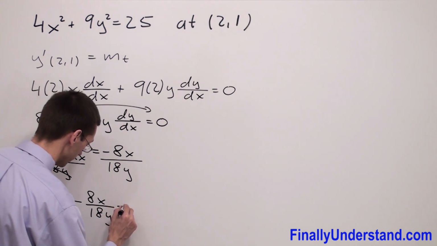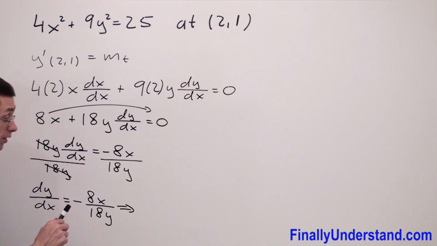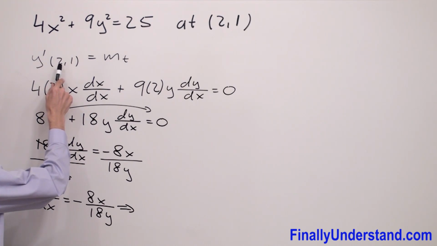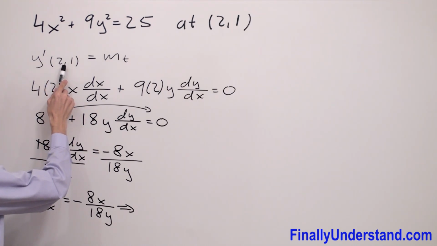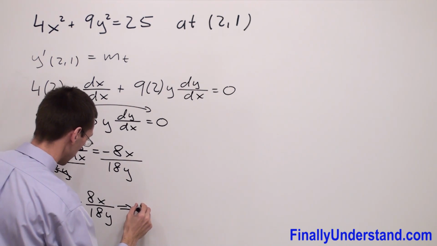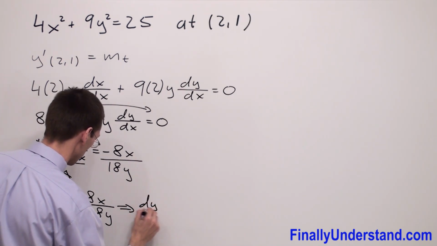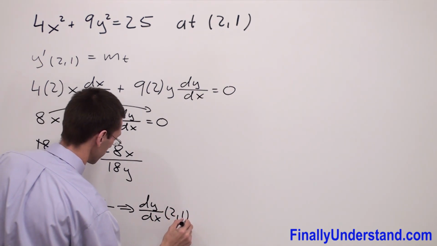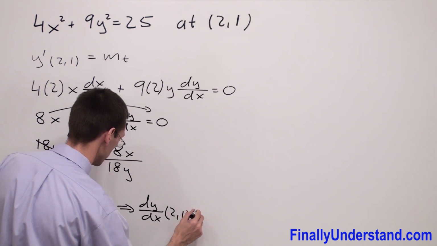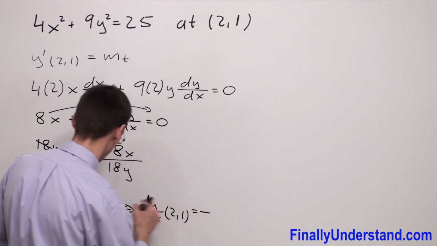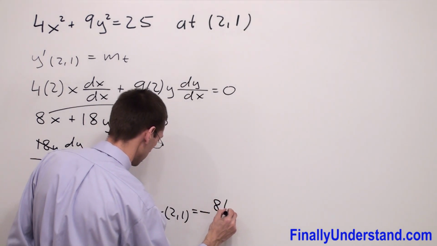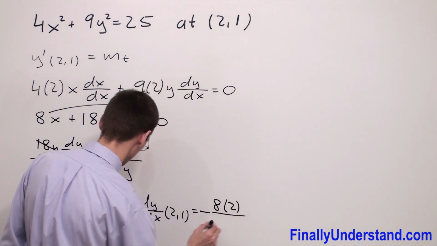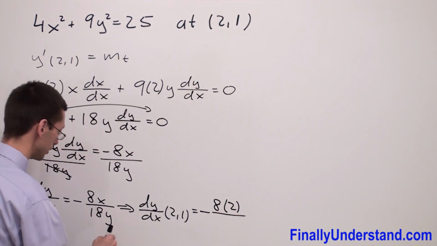In order to find the slope of the tangent, we're supposed to find the first derivative at the given point. So I'm supposed to find dy over dx at point (2, 1). So this is equal to negative 8 times x, which is 2, over 18 times 1.